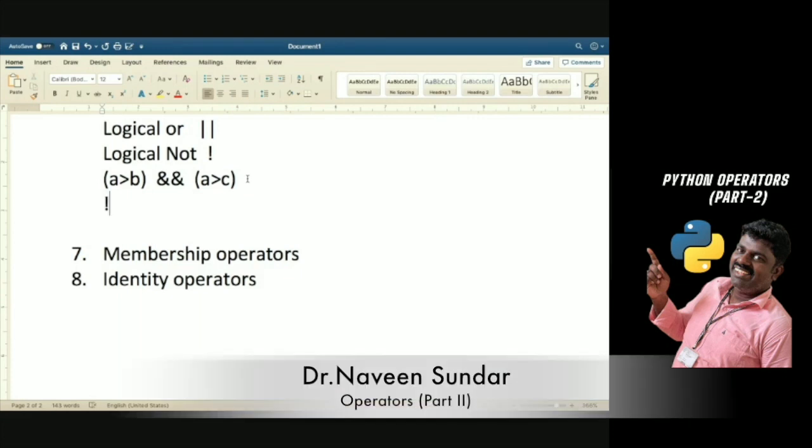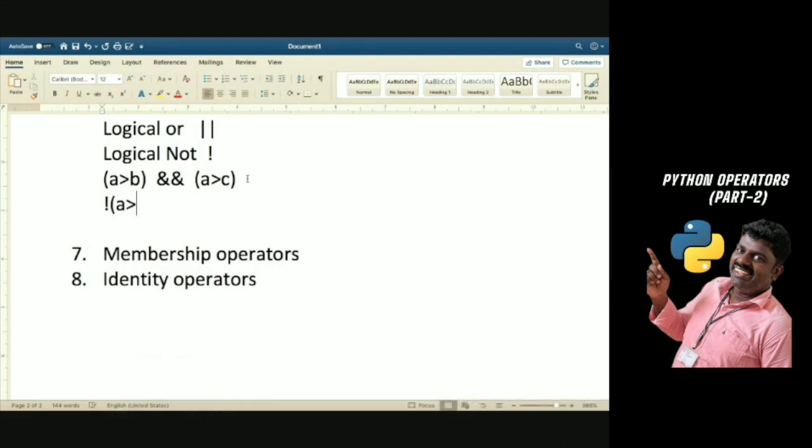For example, if you put an exclamation mark and then give A is greater than B, then if this condition is true, it is going to return false, and if this condition fails, it is going to give true. That is the use of not.